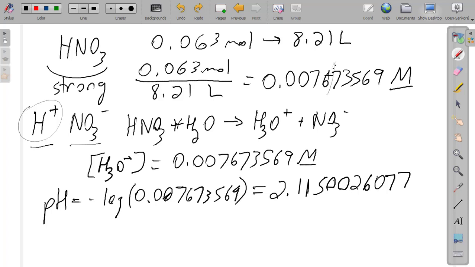Not that that matters. We're still on 2 significant digits. But then we're going to take the log of that. When you take the log of 2 significant digits, that means you must have 2 decimal places. So when we cut this, we go after 2 decimal places. The 5 turns that 1 into a 2. So our final answer here is 2.12.